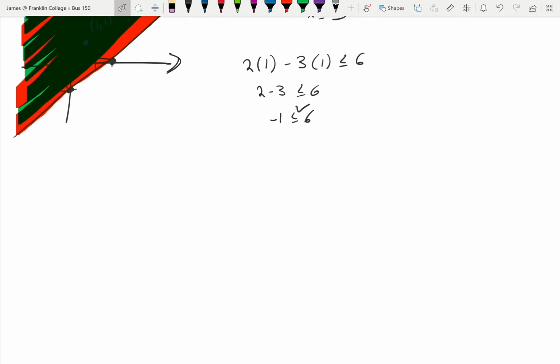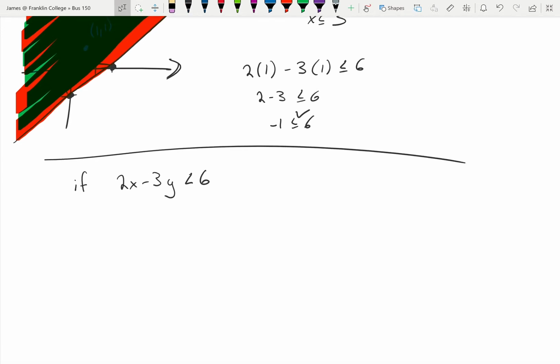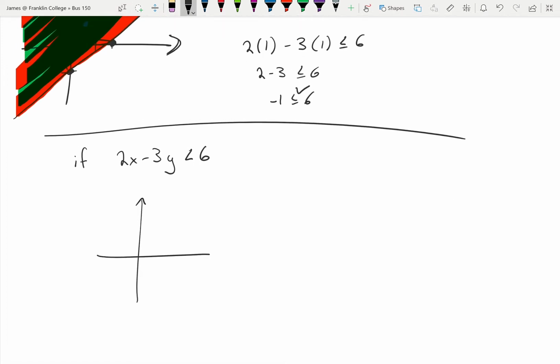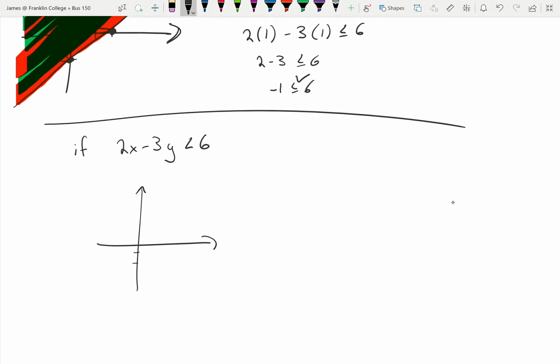Note that if it was slightly different, if we just had 2x minus 3y is less than 6, so instead of less than or equal to 6, we're still going to have the same y-intercept of negative 2 and the same x-intercept of positive 3, but instead of a solid line that passes through these 2 points, we can do this with a dotted line that passes through these 2 points.